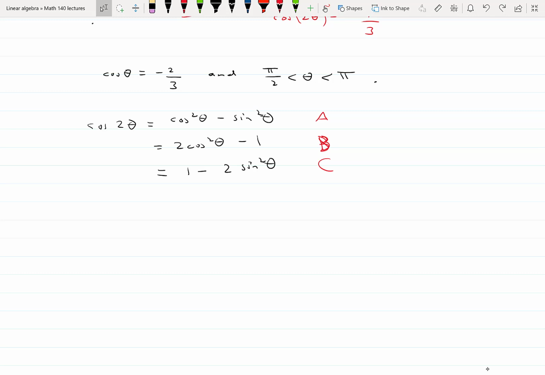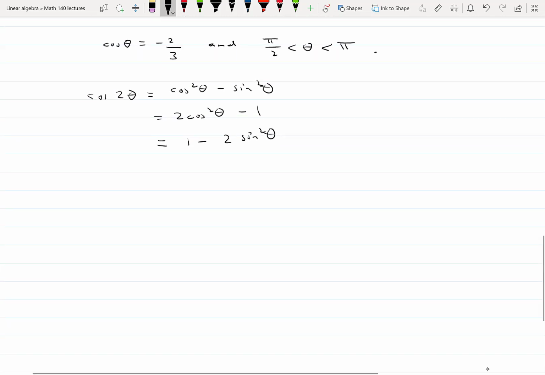I may round it off using a calculator, in which case I'm introducing error, and then use that quantity with error built into it to estimate cosine of 2 theta. And every time you use something with error in it to compute something else, the error compounds. It gets worse. The big one for us right now is you want to try to find a formula that uses stuff that we're given.